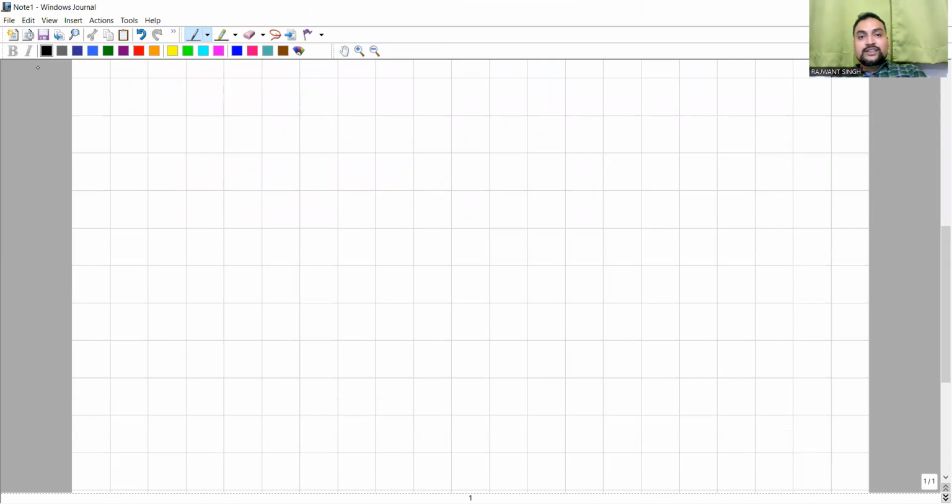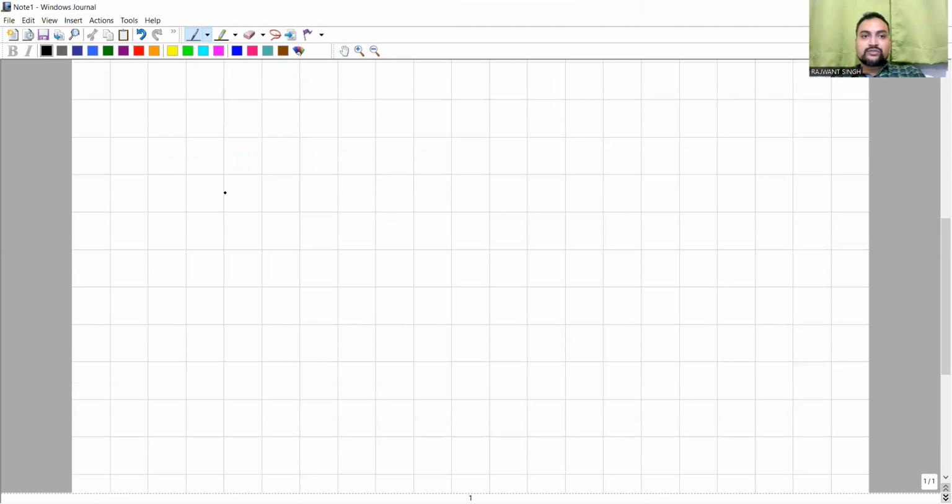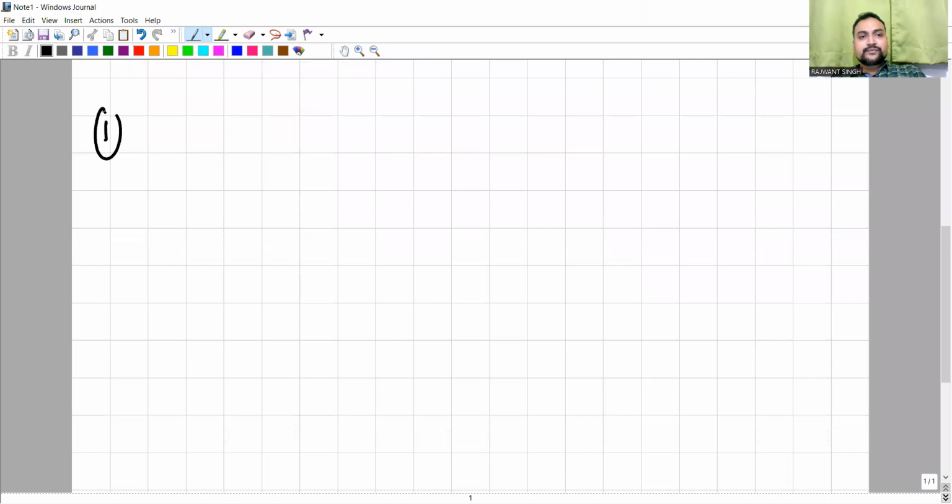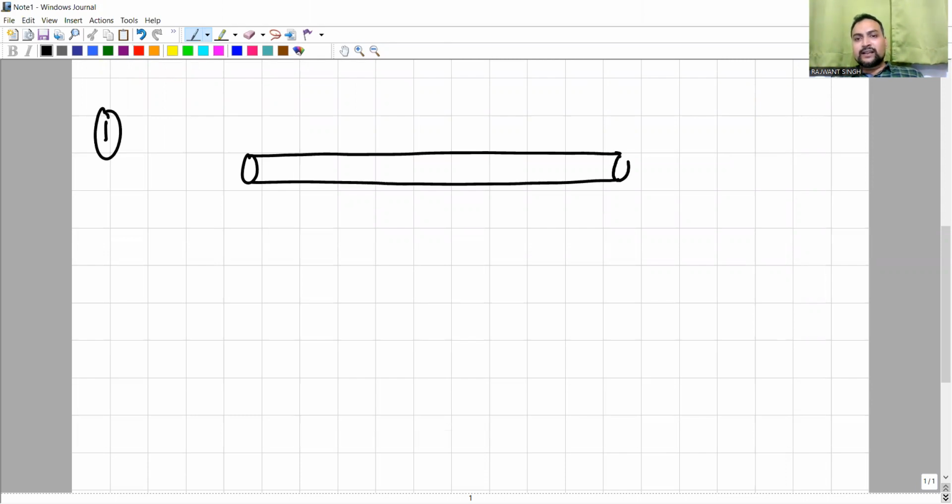Now, to understand the concept of potential difference, you must be clear about two different ideas. So first idea is that consider that you have a resistance, and this resistance is basically a wire, of some finite length L, and you have connected this across a cell.